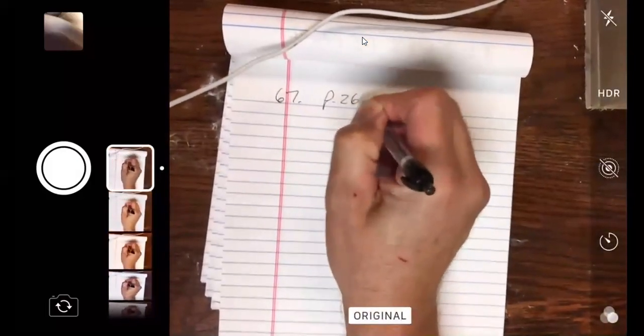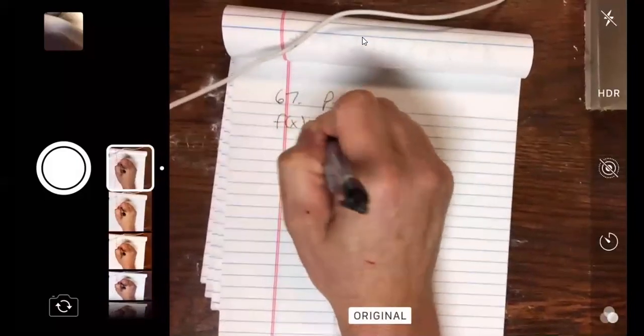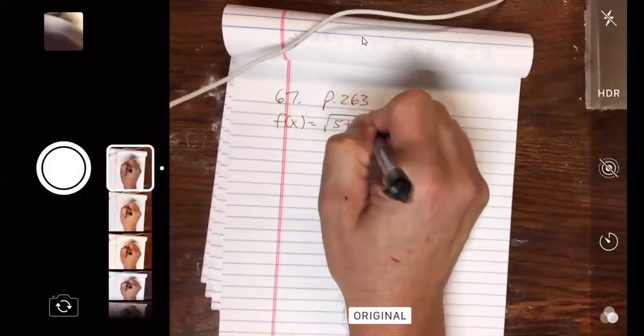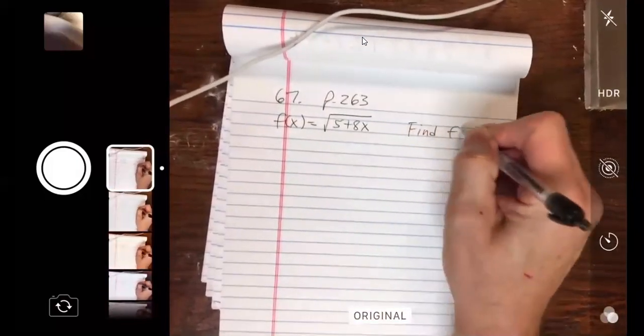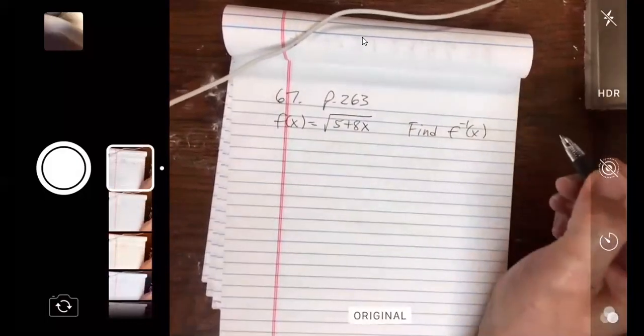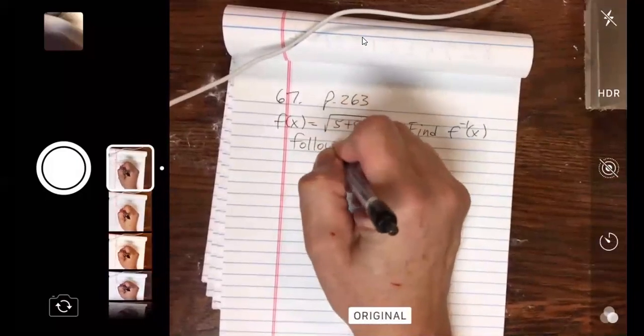Page 263, f of x equals square root of 5 plus 8x, find f inverse of x. I'm just going to follow the 3 steps.